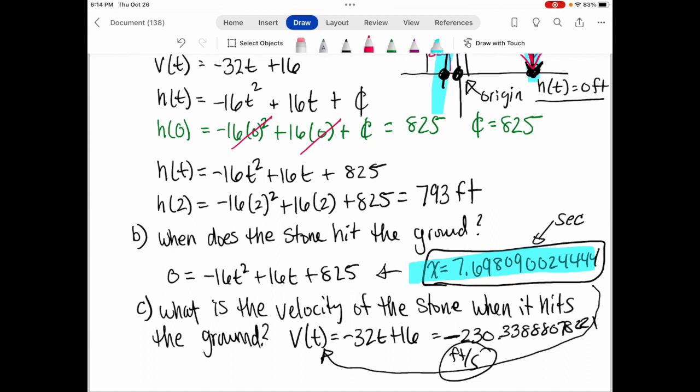Speed tells you how fast you're going, but velocity tells you how fast you're going and the direction based on the sign. So in this case, my speed is about 230 feet per second, but my velocity is negative 230 feet per second because we know that the stone is falling and is going in the negative direction.